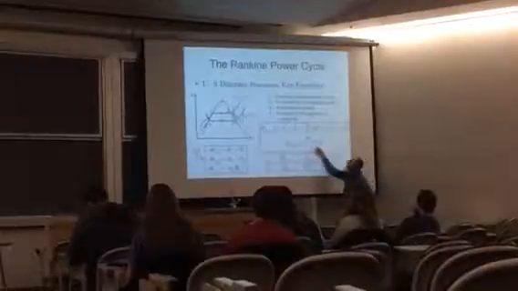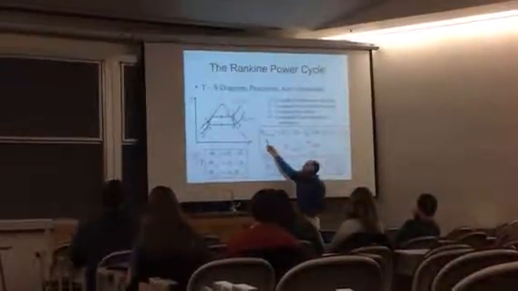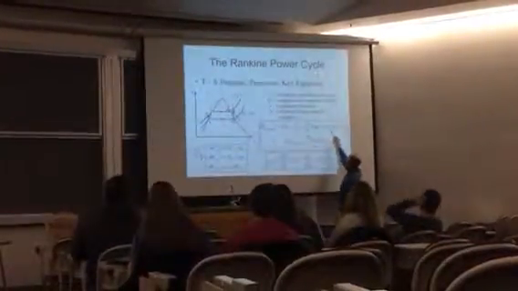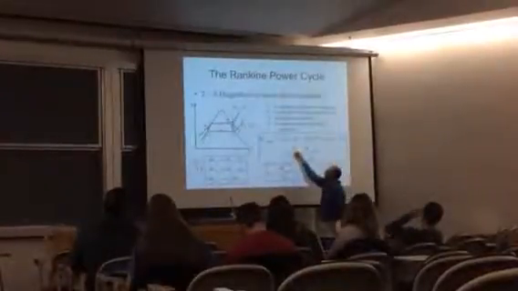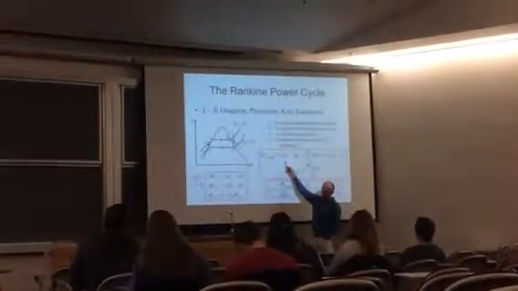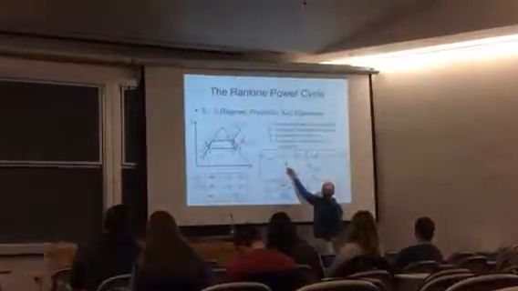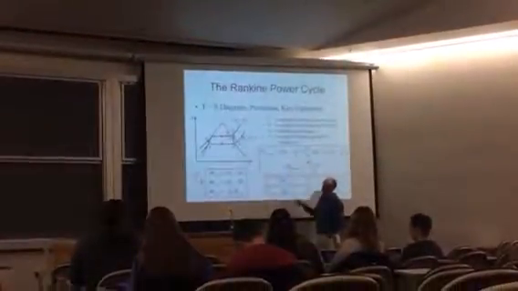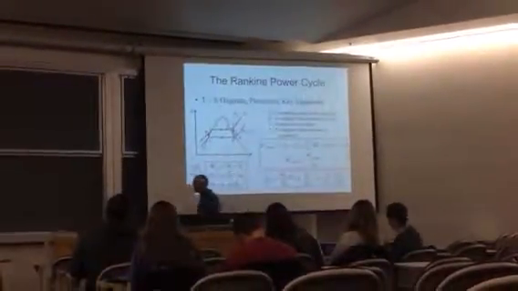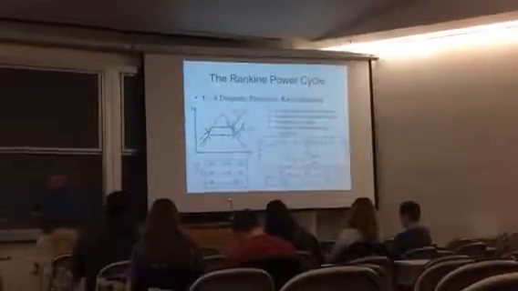Instead, what we want to do is calculate the pump work using this equation. And then if you need H6, which we do, we work backwards to get it, because we know H5 is the saturated liquid state.